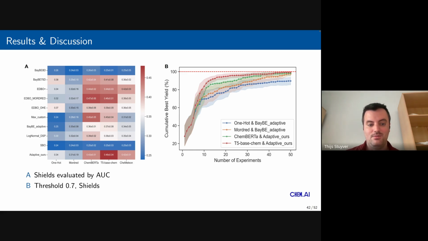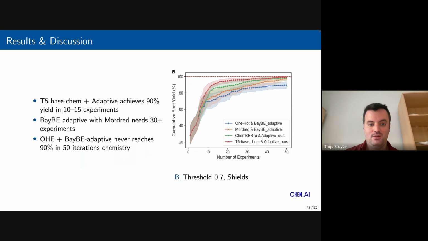Already after 10 experiments, 15 experiments, we've encountered yields above 95%, and we reach essentially 100% after 30 or 40 experiments.